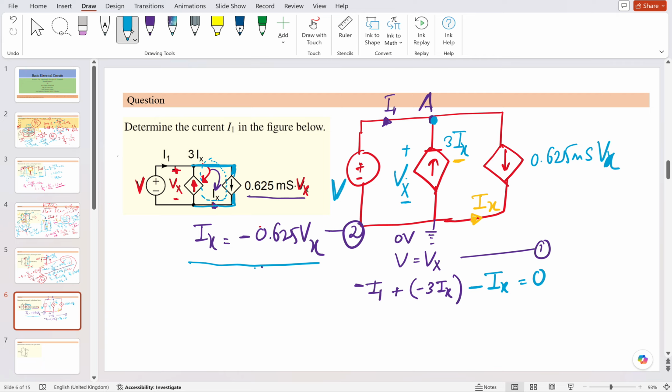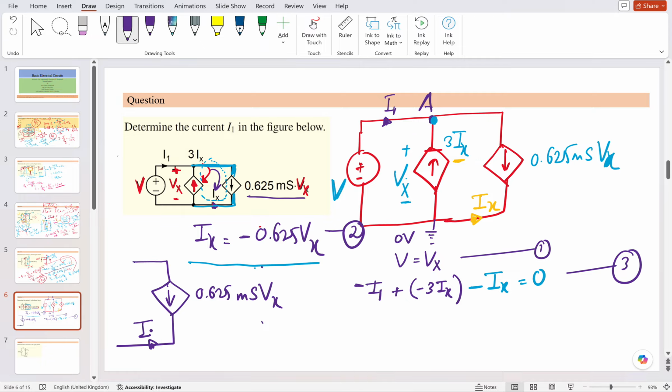Sir, explain repeatedly, Ix is equal to minus 0.625 Vx. Okay, let me explain again. One current source is given as 0.625 millisiemens Vx, and there is a branch current given here, that is Ix.